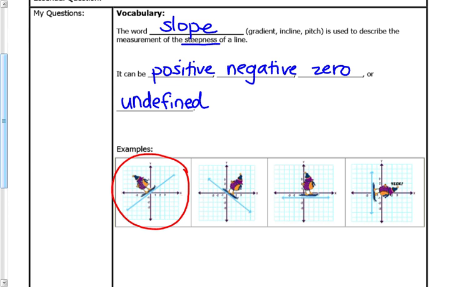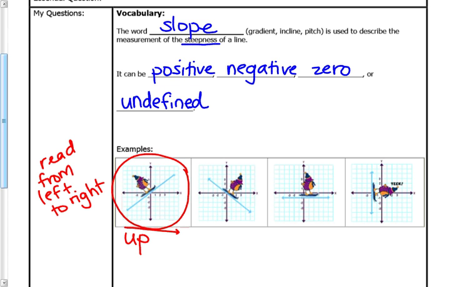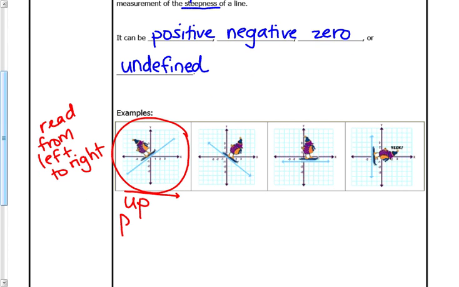I know he's going up because I would read the graph from left to right, just like you read a sentence, like a story. So if I'm looking at this from left to right, I can see that the bird is going up the mountain, right? So this would be considered a positive slope.